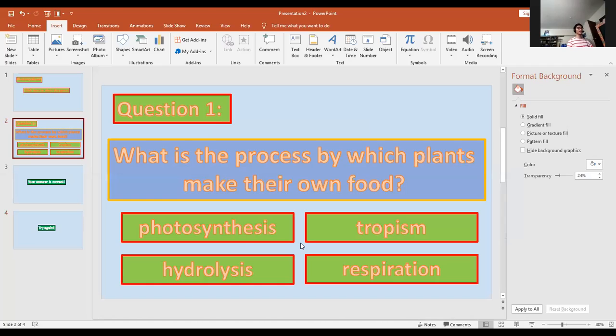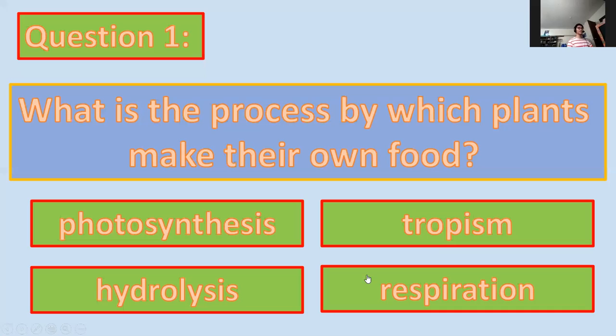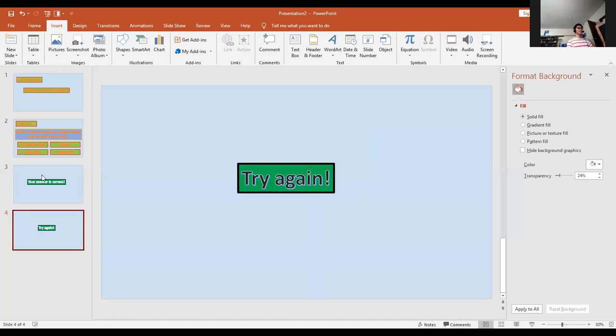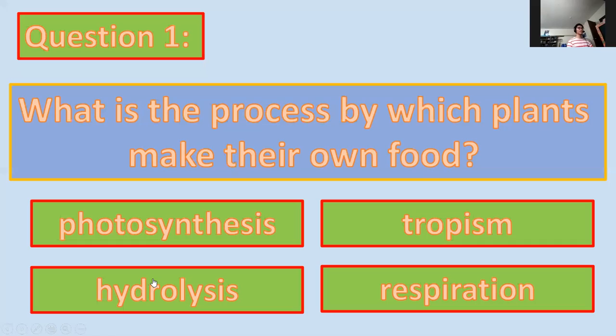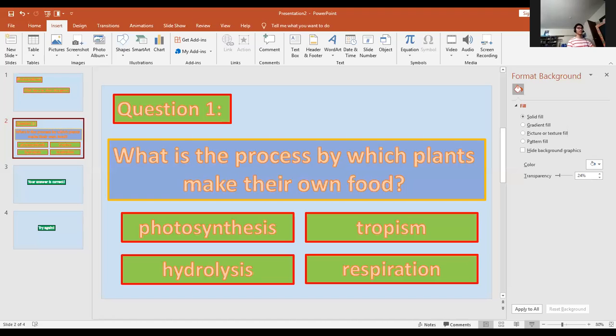Now, if your answer is correct, let's say for example, if your answer is not correct, let's try again. If your answer is this, that is try again. Now, if your answer is this one, try again.